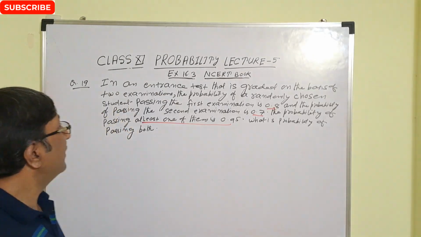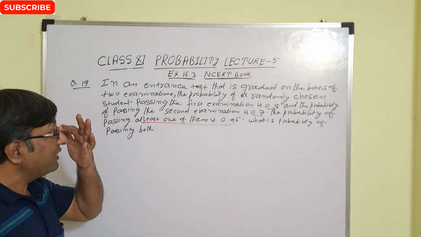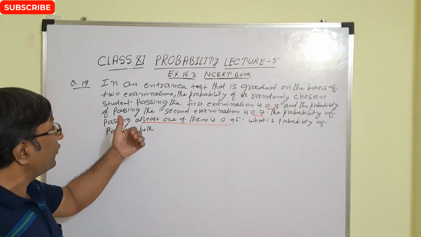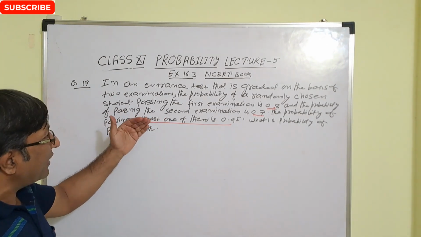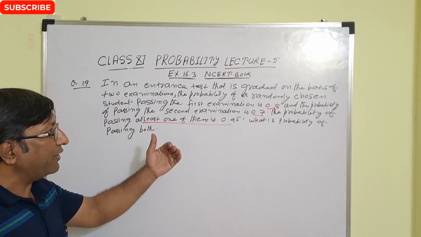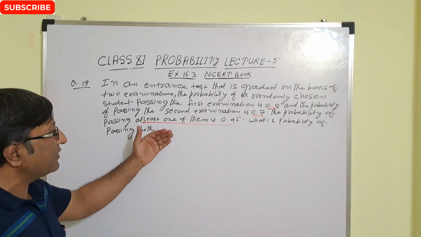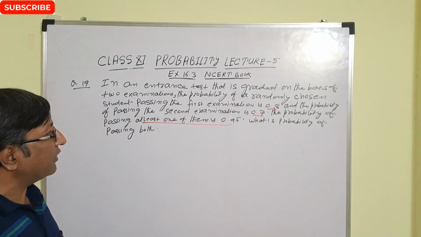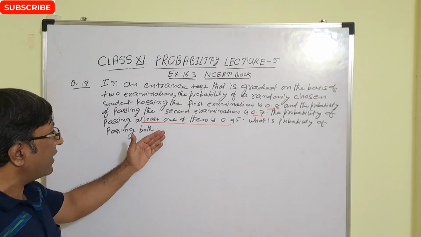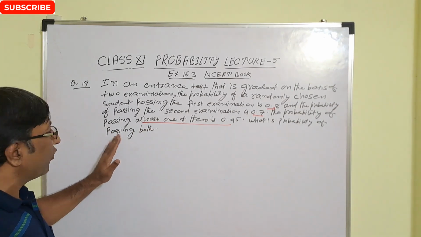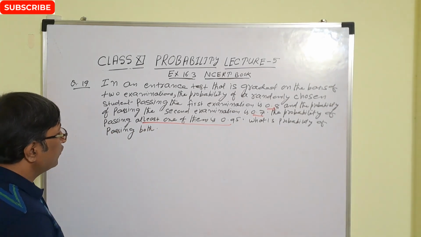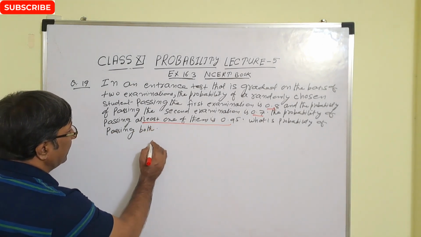See the question. In an examination, the test is graded on the basis of two examinations. Probability of a randomly chosen student passing the first exam is 0.8 and probability of passing the second examination is 0.7. The probability of passing at least one of them is 0.95. What is the probability of passing both? So for this type of question, at least means union.